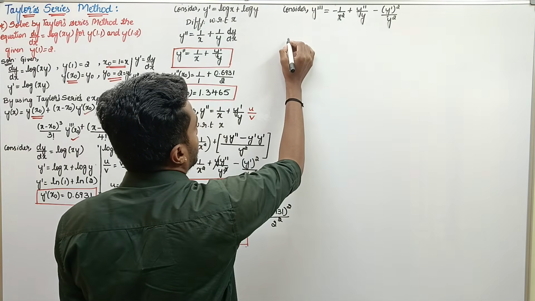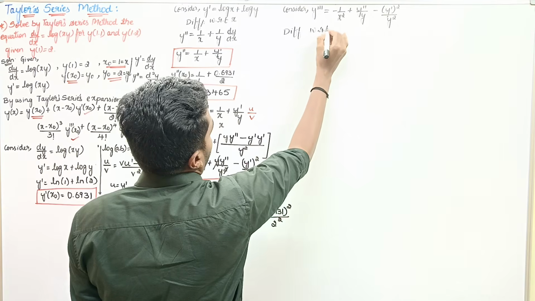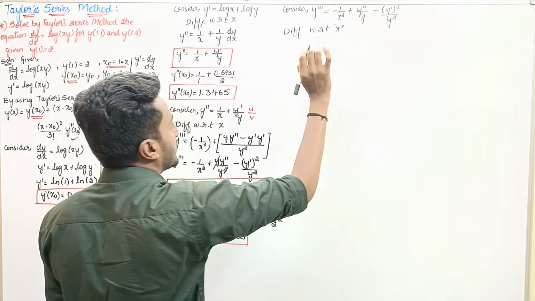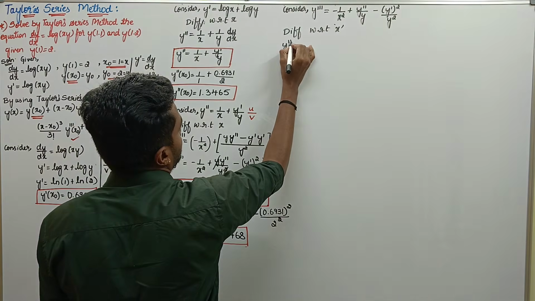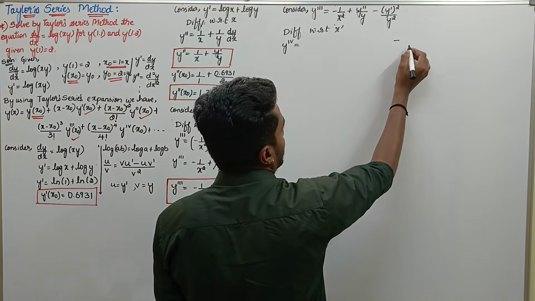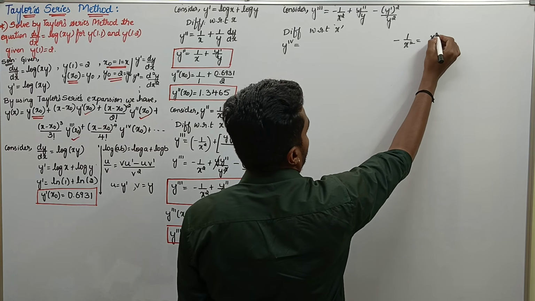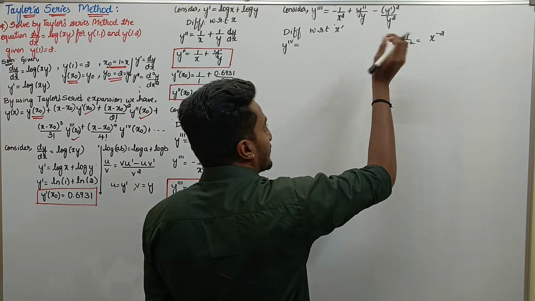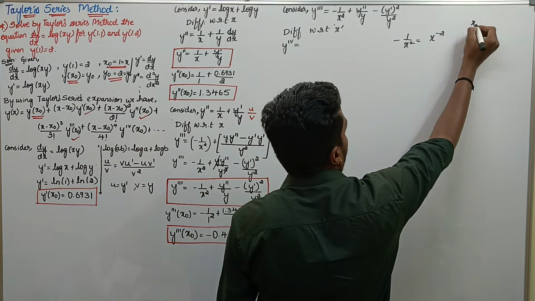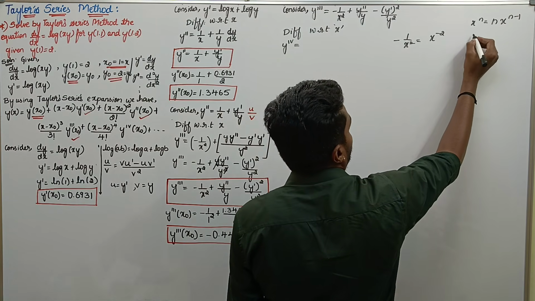For this, let us simplify, differentiate with respect to x. The last differentiation becomes fourth degree, that is y to the power of 4, which is equal to, again, minus will be constant, differentiation of 1 by x square, you can represent it as x to the power of minus 2. See, x to the power of n, you can differentiate as n into x to the power of n minus 1.